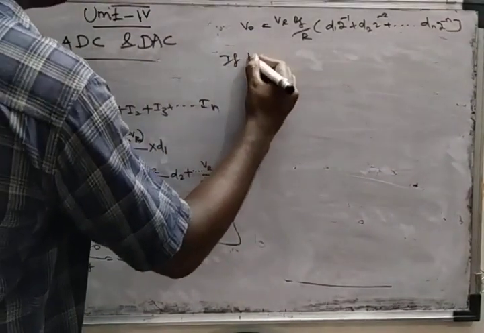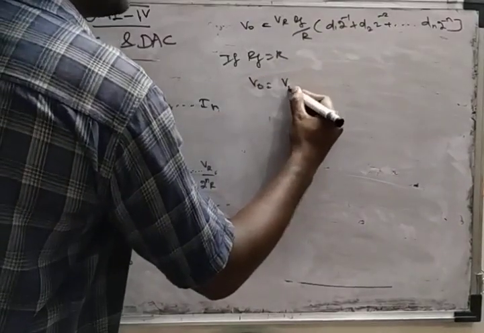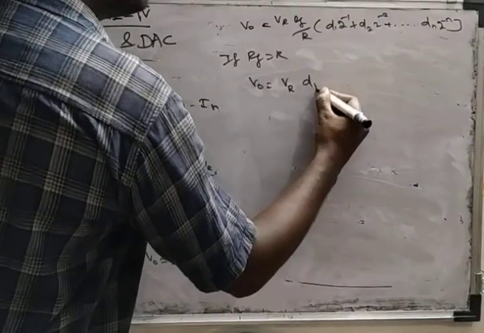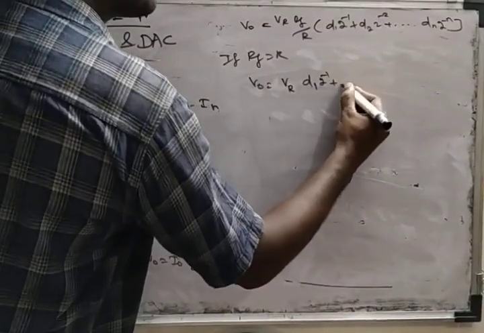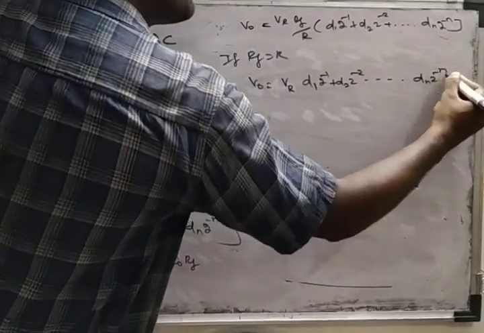If Rf is equal to R, then V0 is equal to VR into D1 2 power minus 1 plus D2 2 power minus 2 up to Dn 2 power minus n.